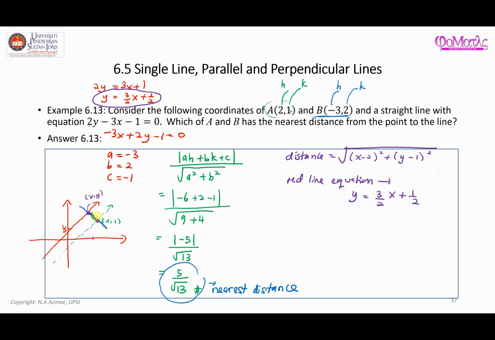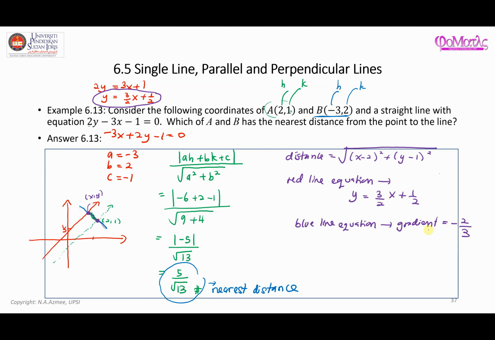Yes, you can, because I know that if the line is perpendicular to the red line, the blue line equation will have gradient equals to -2 over 3, because here the gradient for the red line is 3 over 2, and because the blue line is perpendicular to this red line, the gradient must be -2 over 3. Recall back, if the lines are perpendicular, when you multiply the gradient, the result should be -1.